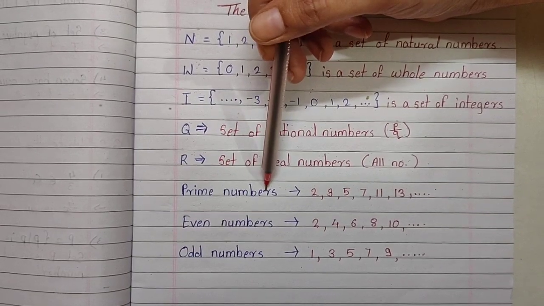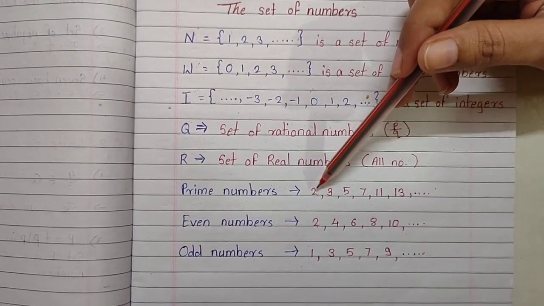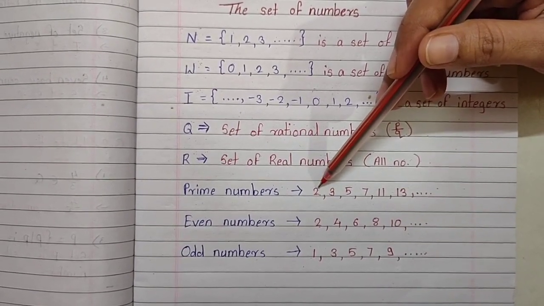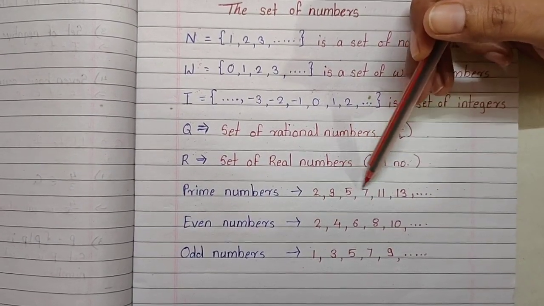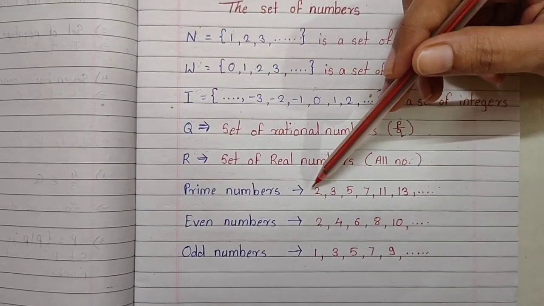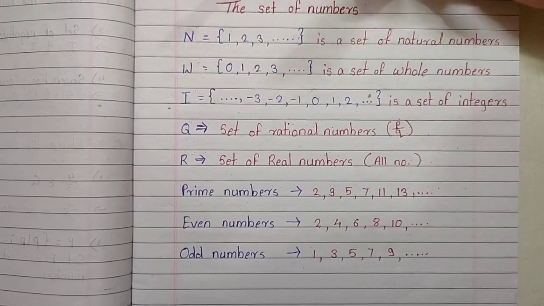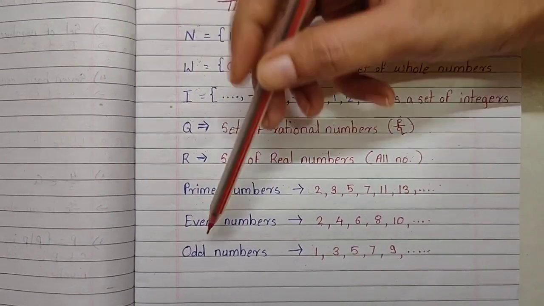Prime numbers are the numbers which are divisible only by 1 and themselves, like 2, 3, 5, 7, 11, 13. These are the prime numbers. 1 is neither a prime number nor a composite number, so we have not included 1 in our list.